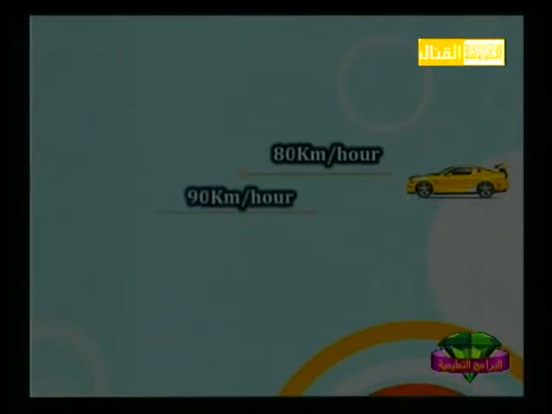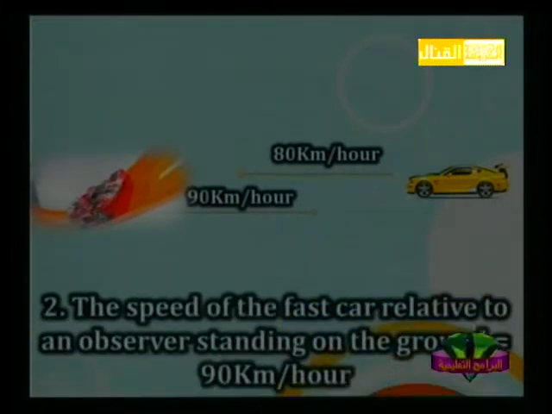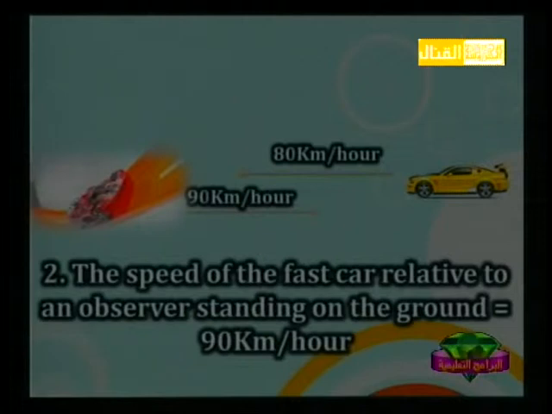You can say the crazy car moved at 80 kilometers per hour and the other car made a return and moved at 90 kilometers per hour. What happened for this? You can say, if I stand on the ground, sure, my speed for the fast car is 90 kilometers per hour.